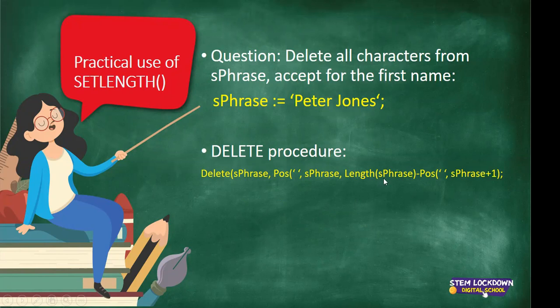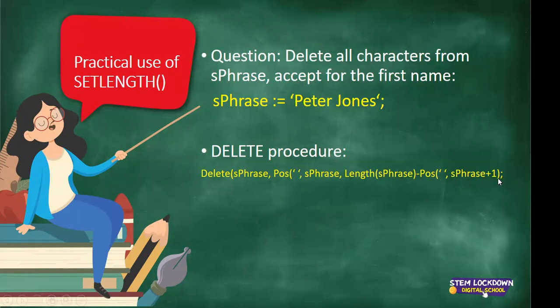So that's 11. And then we've got to subtract from that, again, the pos position, which was 6. So 1, 2, 3, 4, 5, 6. So 11 minus 6, that gives you 5. We just need to plus 1 because I want to delete 1, 2, 3, 4, 5, 6. And that's why I have the plus 1 at the end.